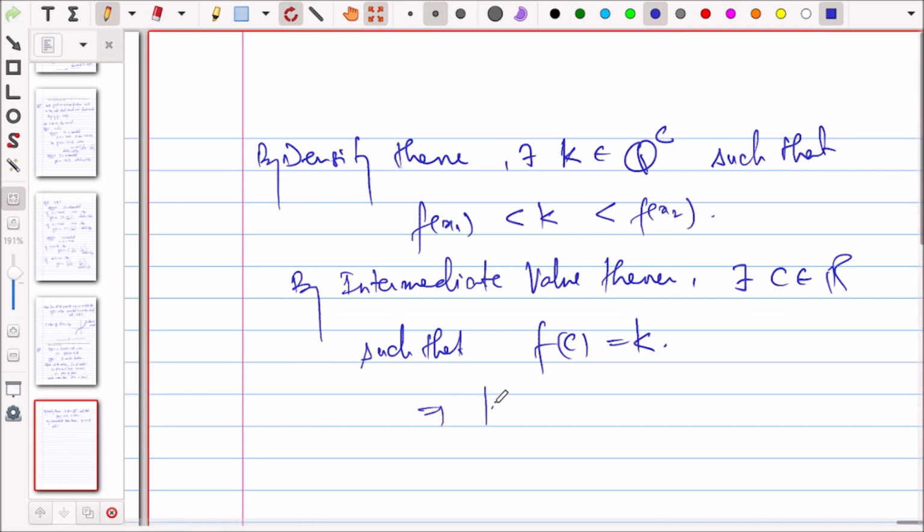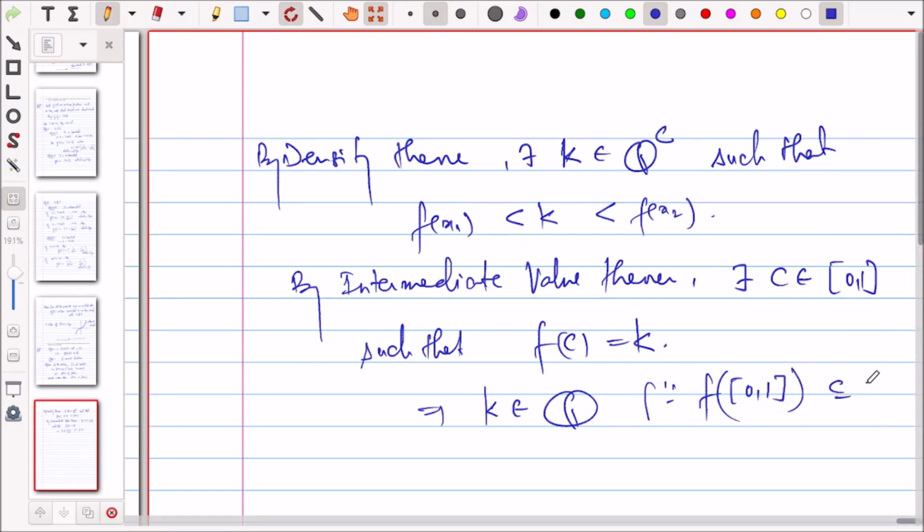So this implies k belongs to Q, since this c belongs to the domain [0,1], and f([0,1]) is contained in Q, so this must belong to Q, because the function takes only rational values.